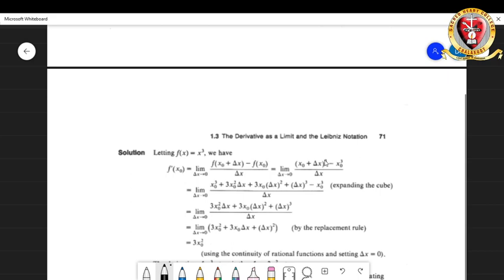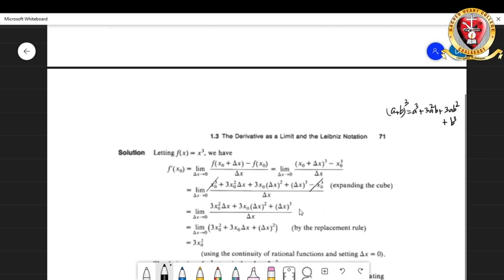You know that a plus b the whole cube is equal to a cube plus 3a square b plus 3ab square plus b cube. Using that, you expand, minus x naught cube, cancel them out, and then cancel out the commons.